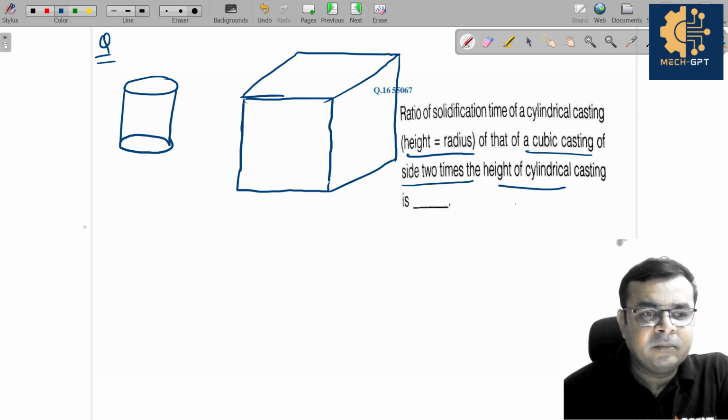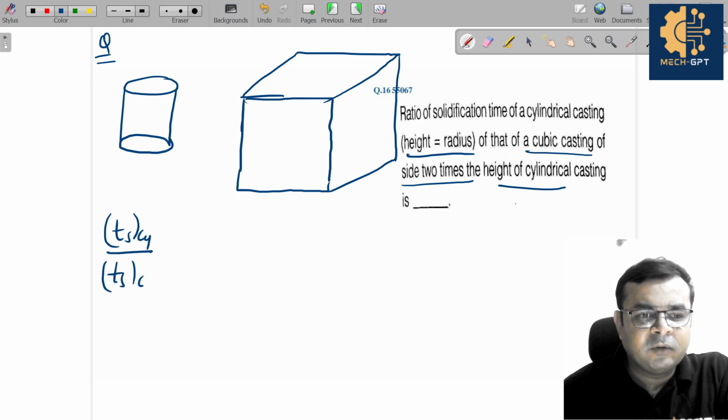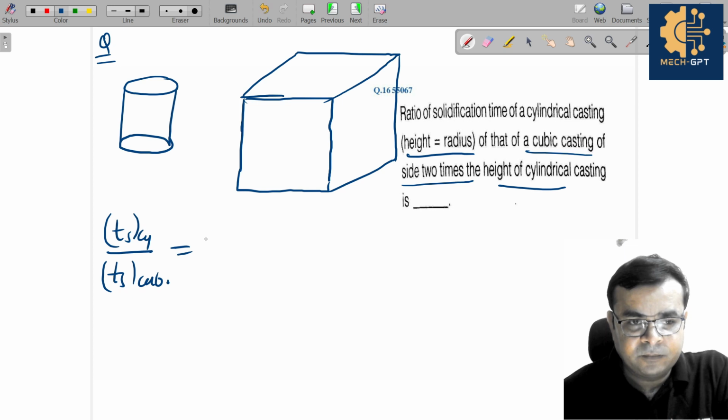We need to calculate the ratio of solidification time of the cylindrical casting over the solidification time of the cubical casting.